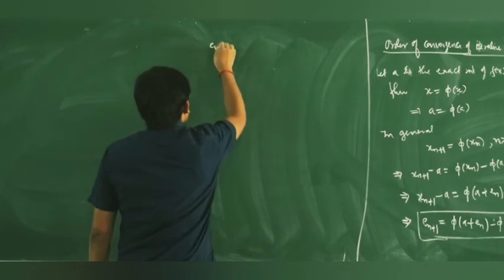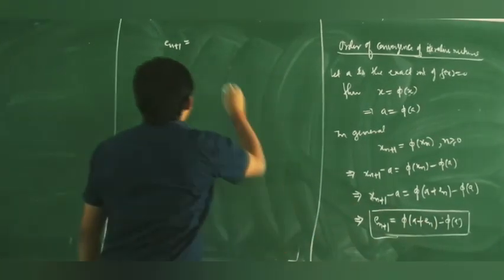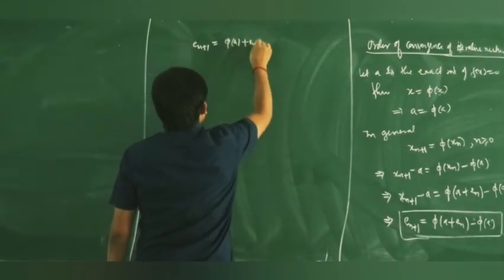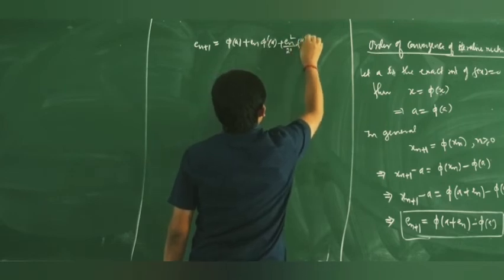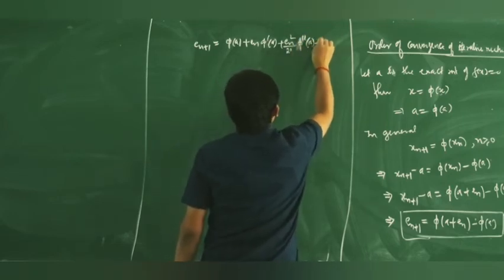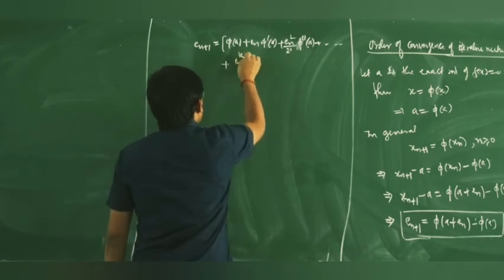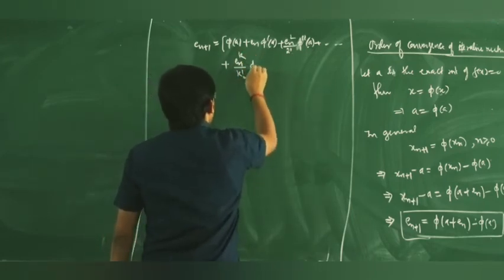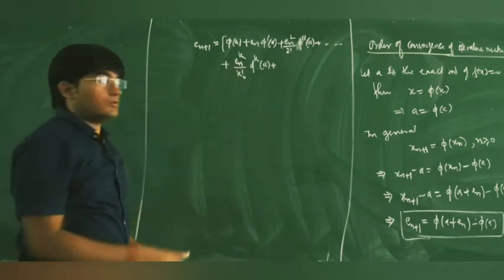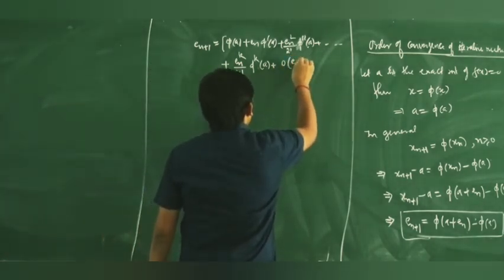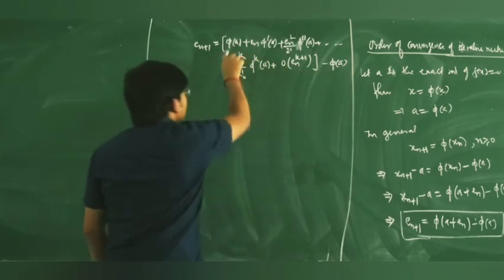Then you can see that e_{n+1} is equal to phi of a plus e_n equals phi of a plus e_n phi dash a, then e_n square by factorial 2 phi double dash a, then finally the general kth term will be e_n power k upon factorial k phi^(k) of a, then the higher order terms, that means O of e_n^(k+1), then minus phi of a. Now this phi of a will get cancelled with this phi of a.